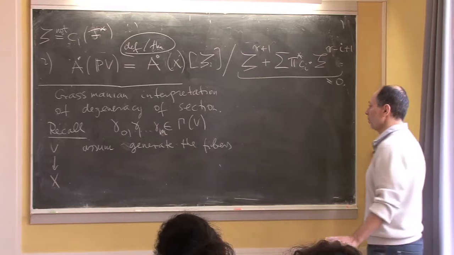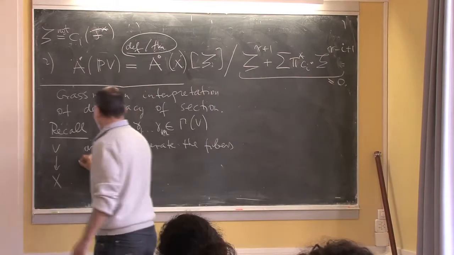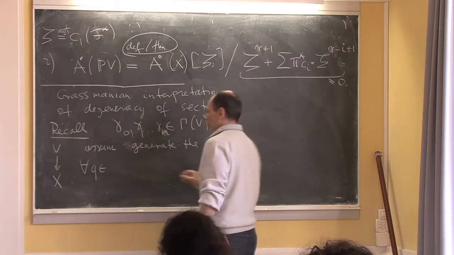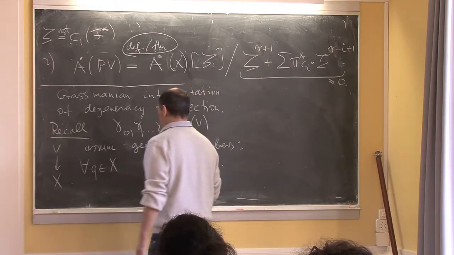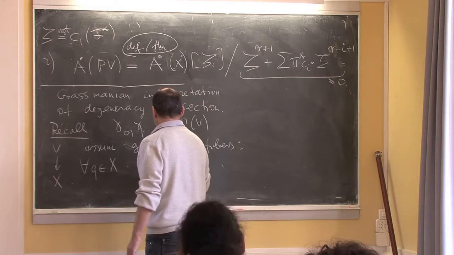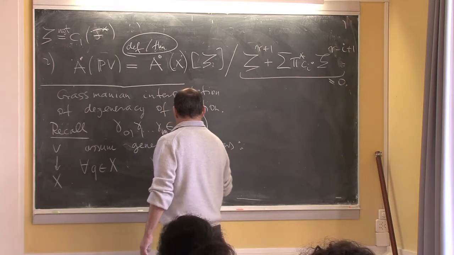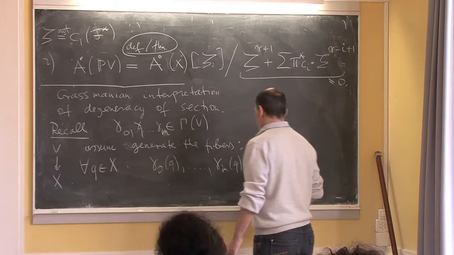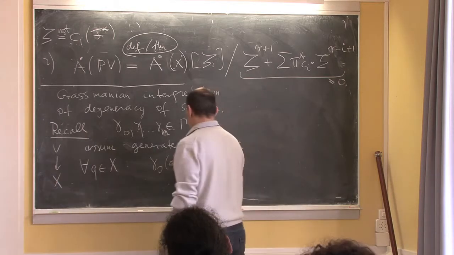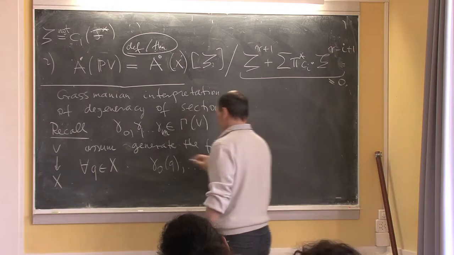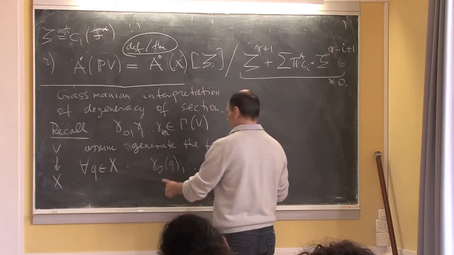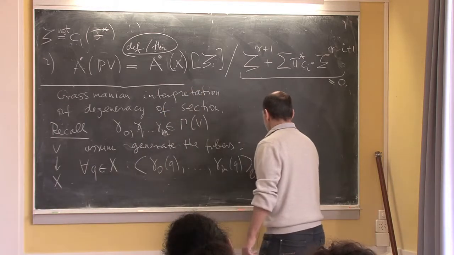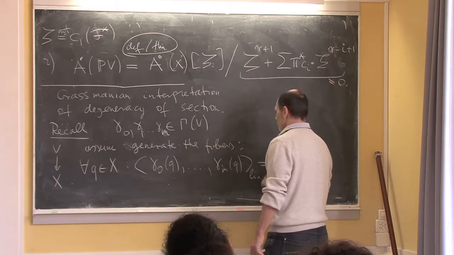So by this I simply mean that for each q in X, I can take gamma_0(q), ..., gamma_m(q), and then these are just some vectors now in V_q, that fiber, and if I take the linear span of these things, this is really V_q.